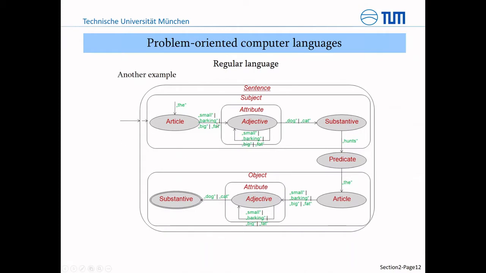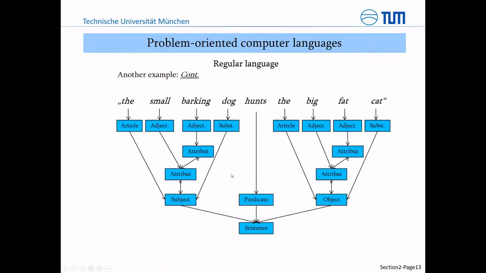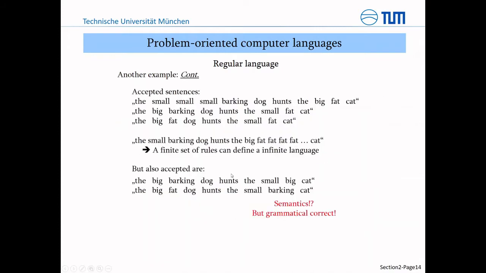So we have just 1, 2, 3, 4, 5, 6, 7 states, so 7 final states. We can create with these 7 states an infinite language. This means a finite set of rules can create an infinite set of languages, and this is quite powerful. Also accepted, for example, is the big barking dog hunts the small fat cat.